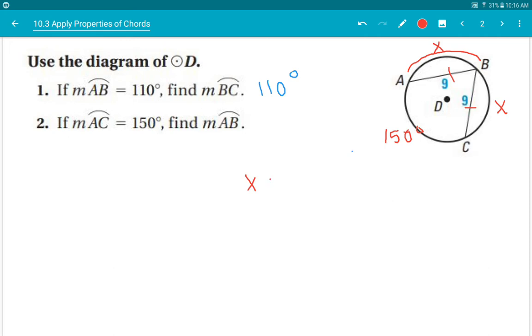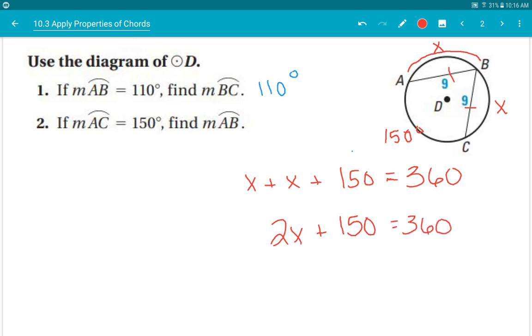That's going to be x plus x plus 150, which needs to equal 360 degrees. So 2x plus 150 equals 360. 2x is equal to 210. x is equal to 105. Therefore, the measurement of arc AB is 105 degrees.